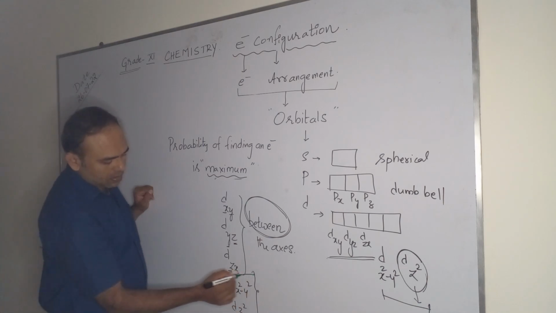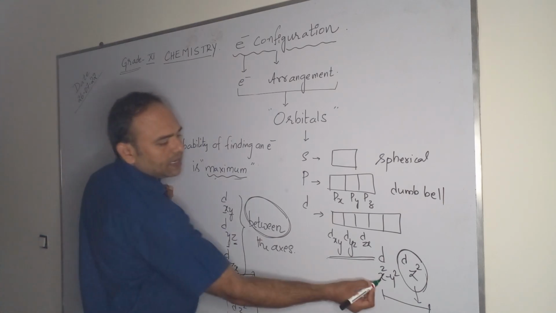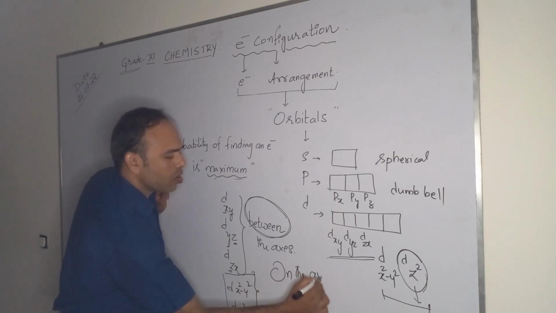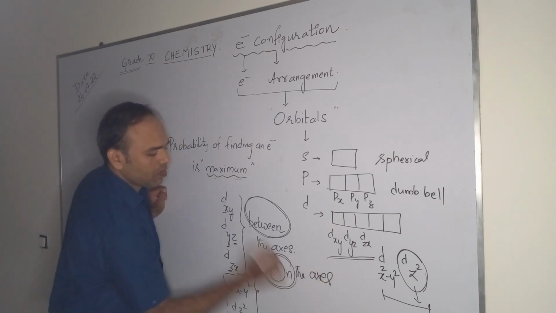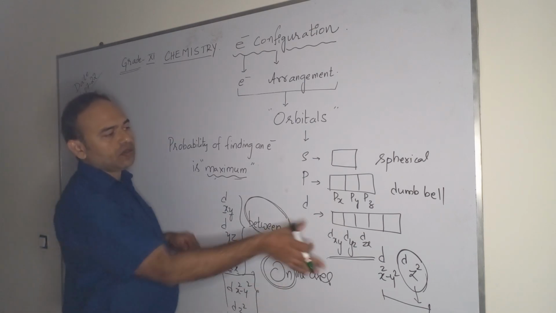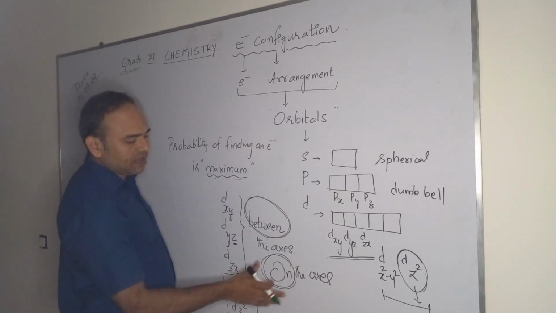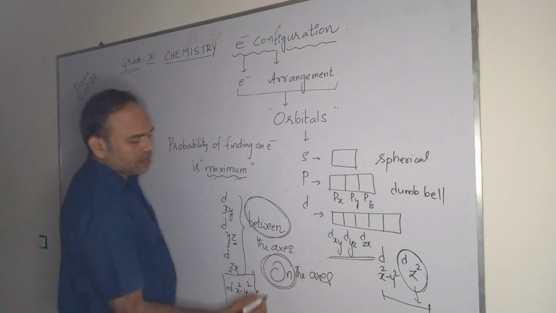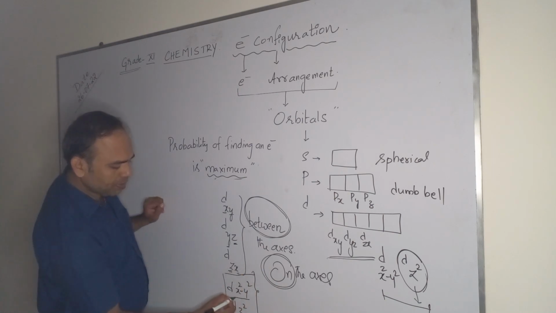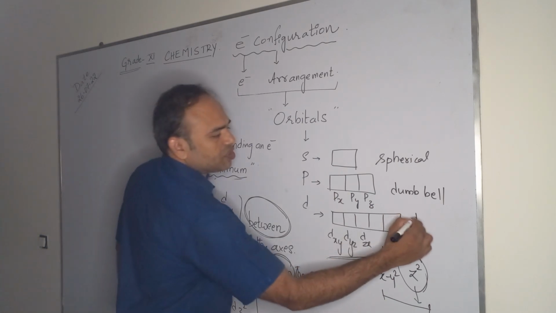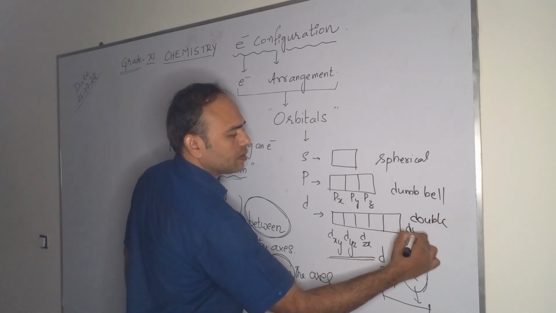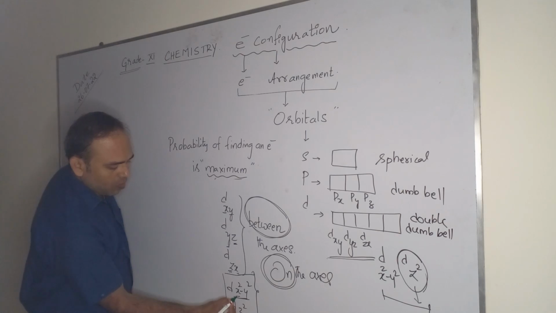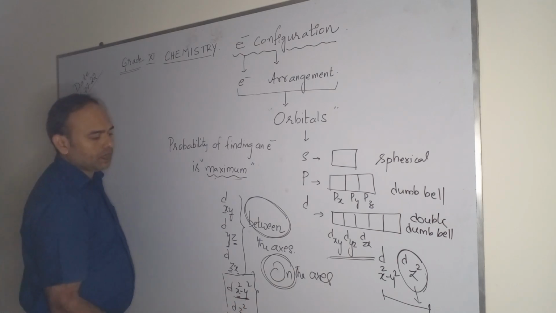But the last two, the x square y square, is present on the axis. In some other lectures we will see all the diagrammatic representation, but as of now I am just showing you that if you put x square y square, that will be on the axis. That means the double dumbbell shape can be seen, one on x and one on y.